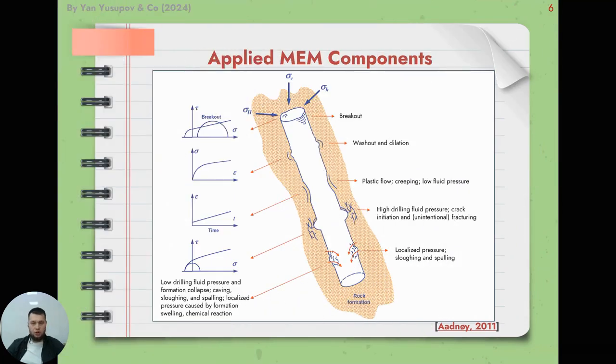Consequently, correct knowledge of strength and stress will allow us to select the necessary mud weight and avoid a large amount of shear and tensile fractures and events that are associated with them. Here are breakouts, sticking, spools, landing that are presented on this slide.